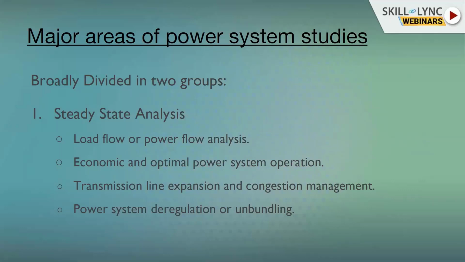But on the same side, we also ensure the phase angle between the two buses is not too high. For all these checks, we usually use power flow analysis. Other studies include economic and optimal power system operation, transmission line expansion, congestion management, and power system deregulation or unbundling, which also come in the steady state analysis.